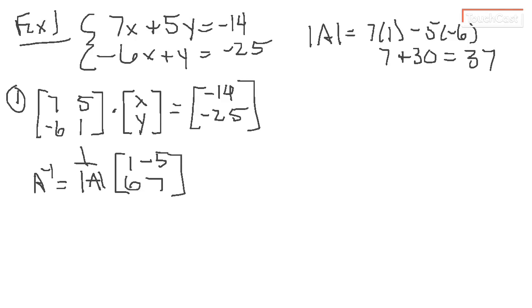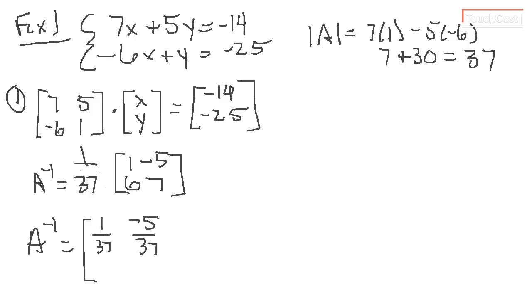Now we can replace that determinant of A with 37, so we're going to multiply everything by 1/37. So our inverse matrix of A is going to be 1 over 37, negative 5 over 37, 6 over 37, and 7 over 37.